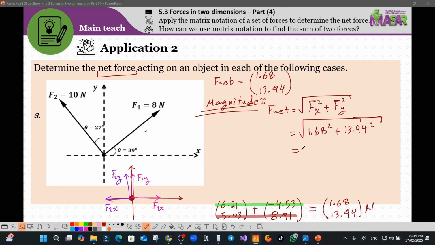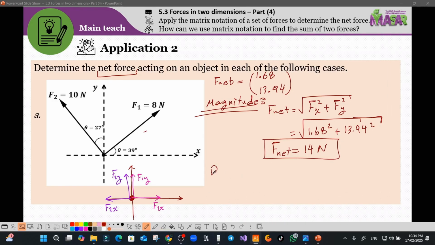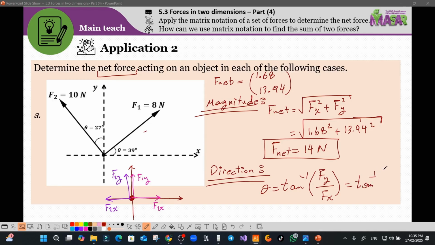And the answer for the magnitude is approximately 14 Newton. What about the direction? The direction can be found using theta equals tangent inverse of Fy over Fx. So tangent inverse, Fy is given by 13.94 and Fx is given by 1.68. And the answer for theta is equal to 83.12 degrees.